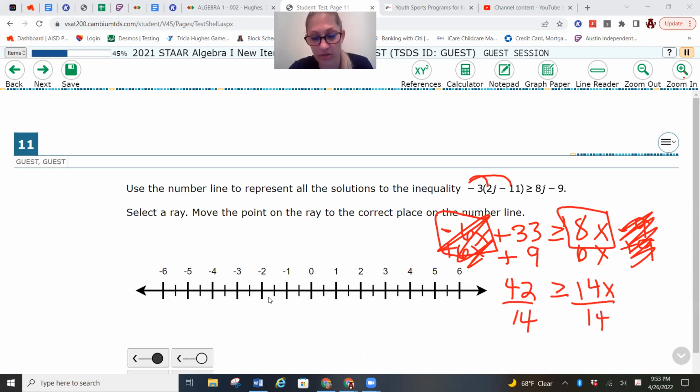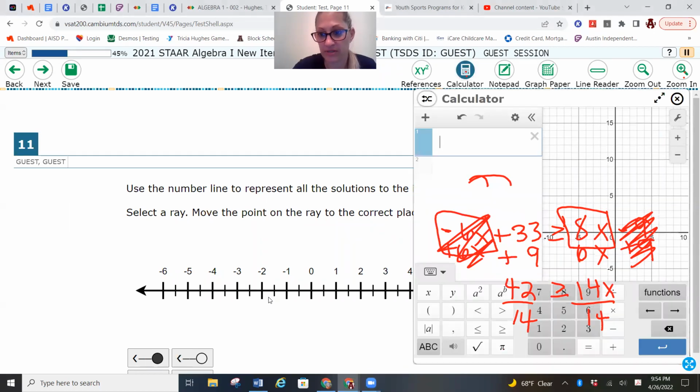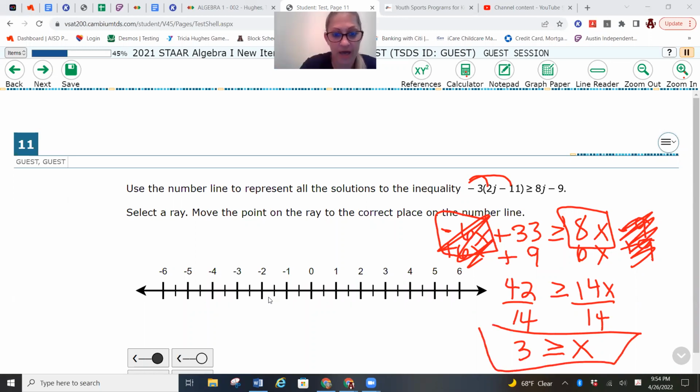How many times can 14 go into 42? I'm going to hit calculator. I'm going to type in 42 divided by 14. The answer is 3. So I'm going to put 3 is greater than or equal to X. I don't like that. I like putting X first.